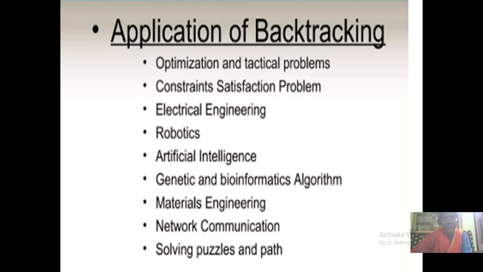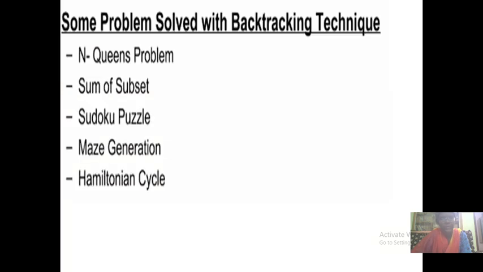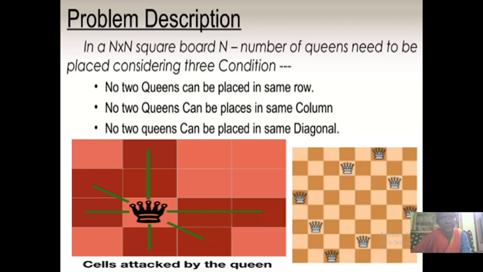The same applies to artificial intelligence, genetic and bioinformatics algorithms, material engineering, network communication, solving puzzles and paths, etc. Next, this backtracking technique can solve problems like the N-Queens problem, sum of subsets, Sudoku, puzzles, Gray code generation, and Hamiltonian cycles.